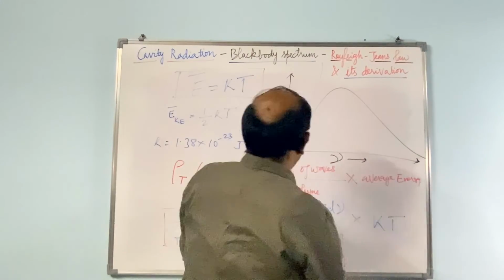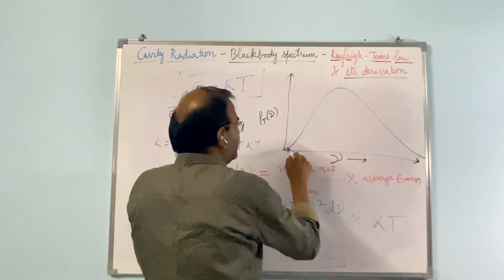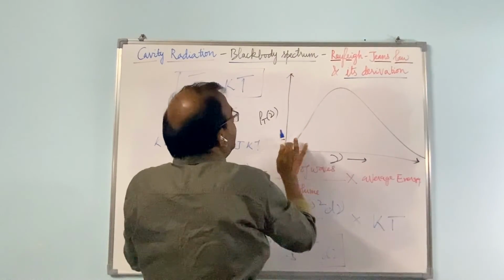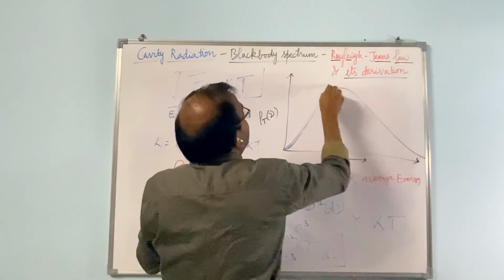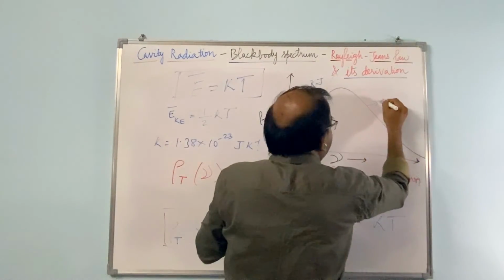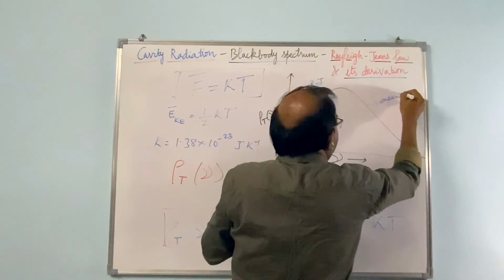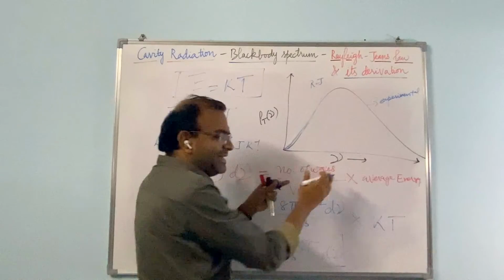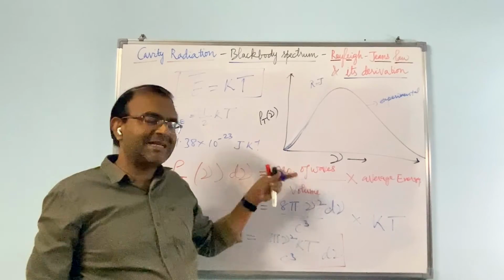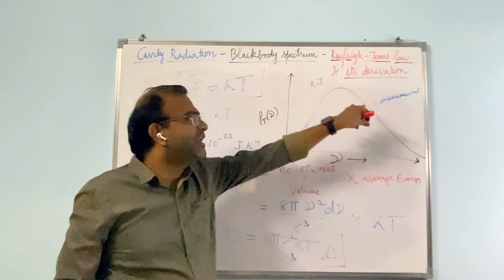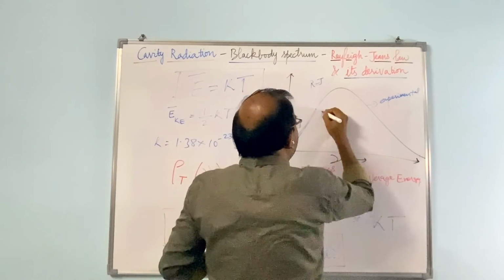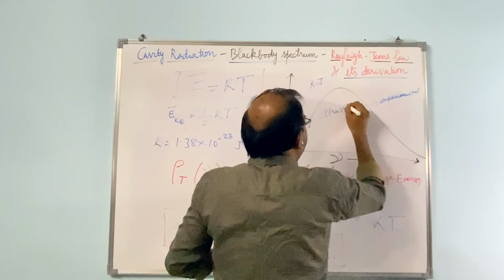Initially this goes pretty close to this one, and then there is a deviation. This is the prediction of the Rayleigh-Jeans law, whereas this is experimental. So there is a discrepancy between the theoretical prediction and the experimental results at higher frequencies, and this deviation was famously called the ultraviolet catastrophe.